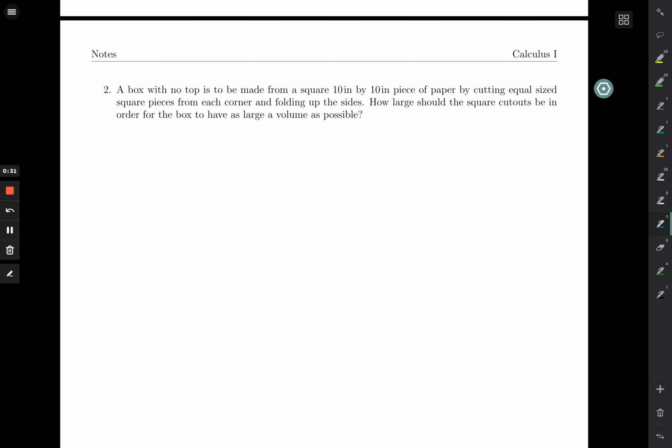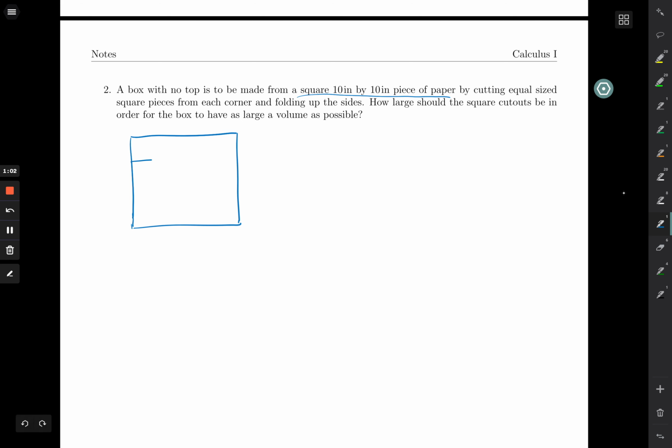So the idea is that we have a piece of paper, a square piece of paper, 10 by 10 inches, and we want to form a box with no top by taking our square and cutting out squares from each of the corners and then folding up the sides.